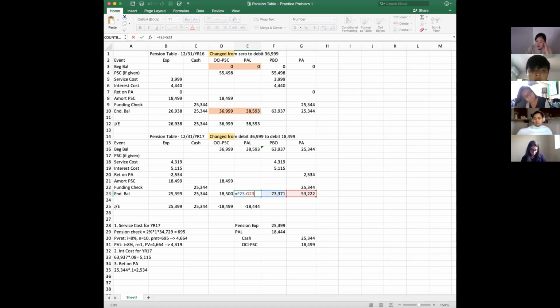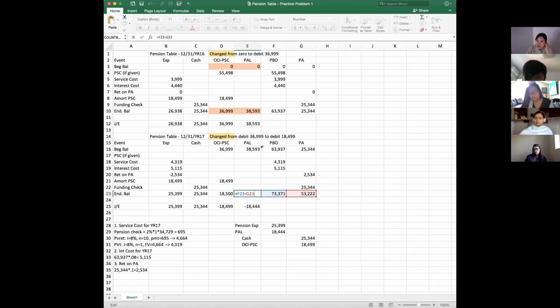So is OCI prior service cost normally a debit or credit balance? OCI, like any other income, is an income account, so it has a credit as a normal side. However, prior service cost is a cost to the company, so when we first carry it, it's a huge loss recognized in the OCI.